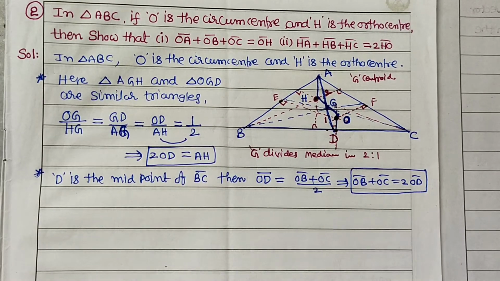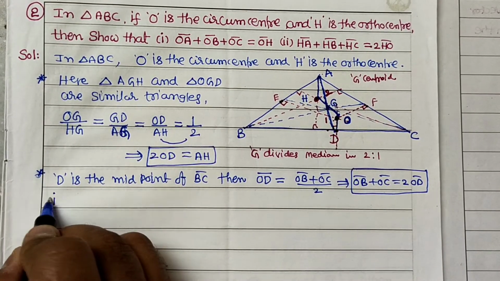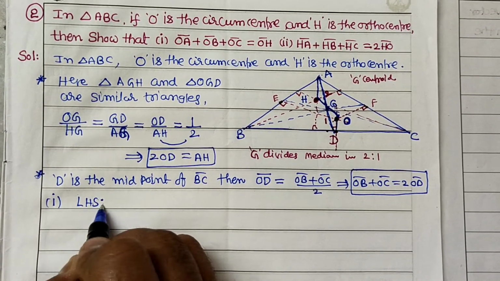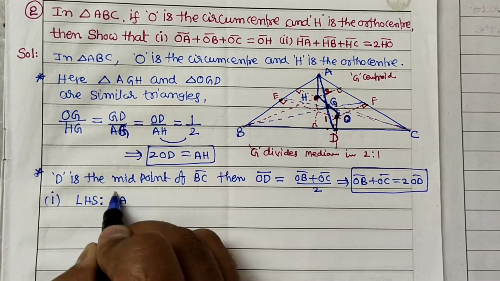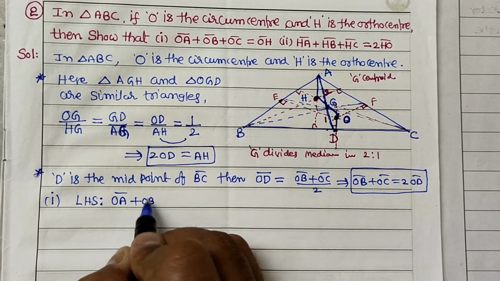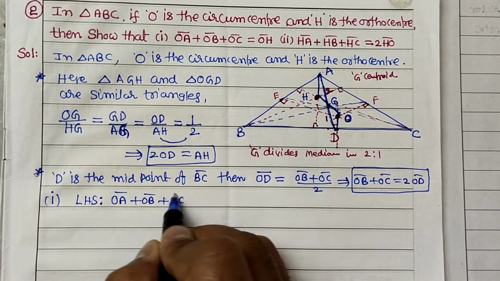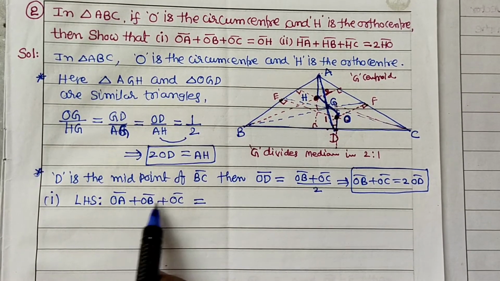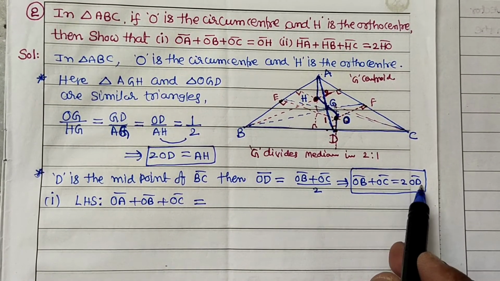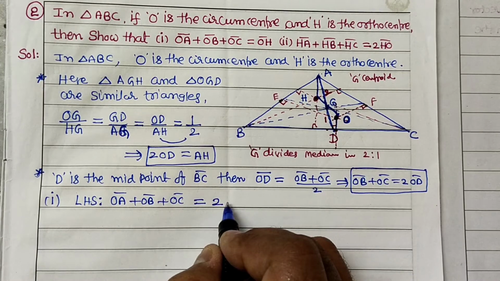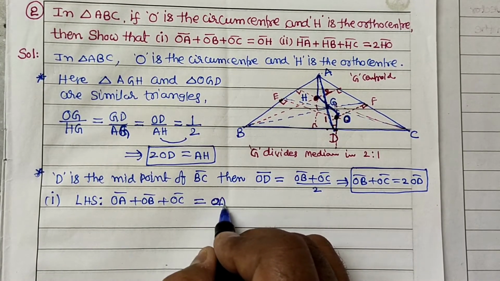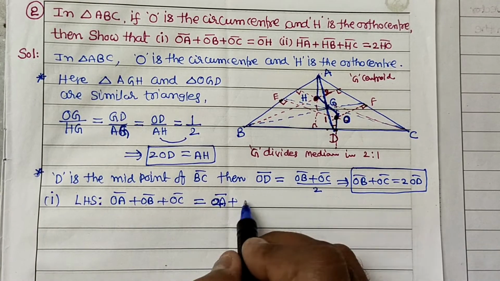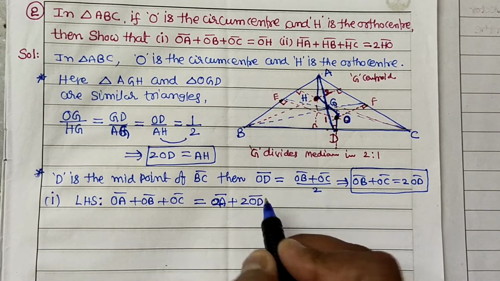Now come to the first question. In the first question, consider LHS. OA plus OB plus OC is equal to, in place of OB plus OC, can we write 2OD? So we can write it. So OA bar plus, in place of OB plus OC, we can write 2 times OD bar.